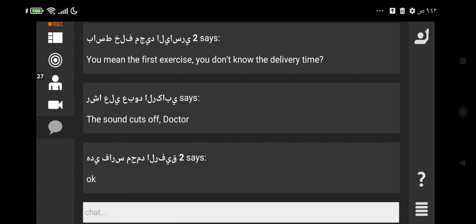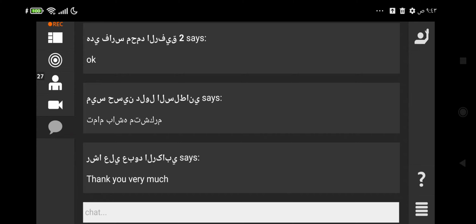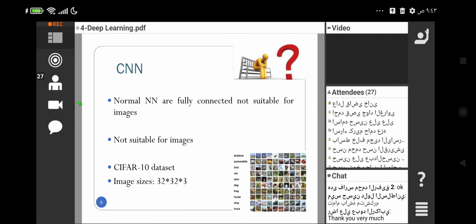I was talking about CNN, and CNN is an advanced neural network structure. I said that we have a data set, CIFAR 10, which is a data set of images, and in this data set we have 10 classes of images.